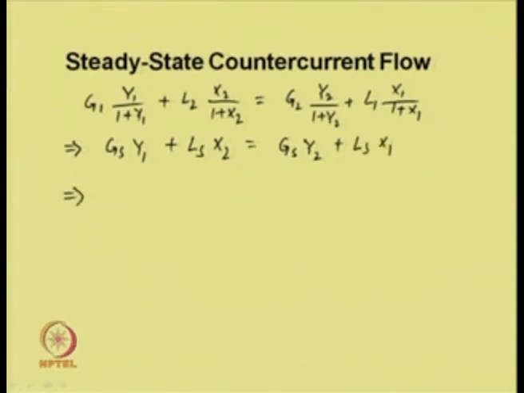From this we can write Ls by Gs is equal to Y1 minus Y2 divided by X1 minus X2. Say this is equation 3. So, this equation is the equation of a straight line.